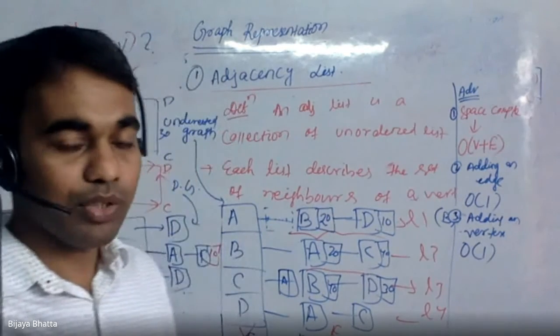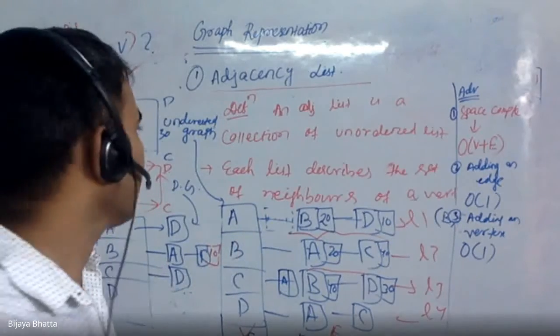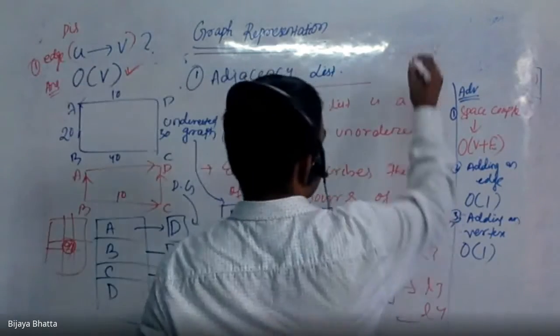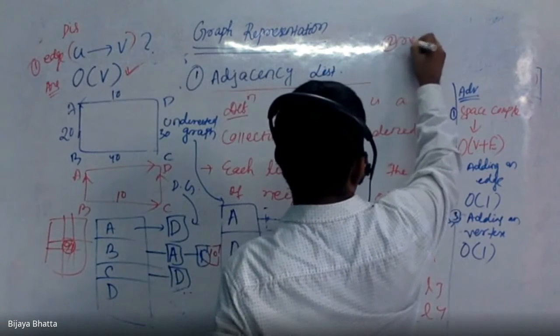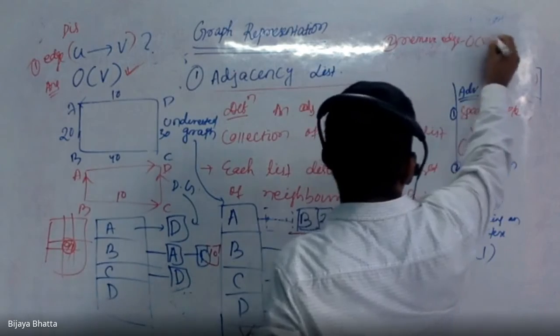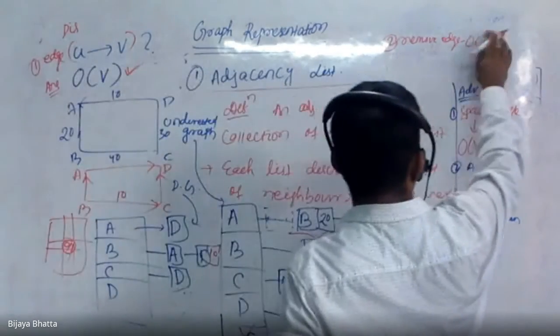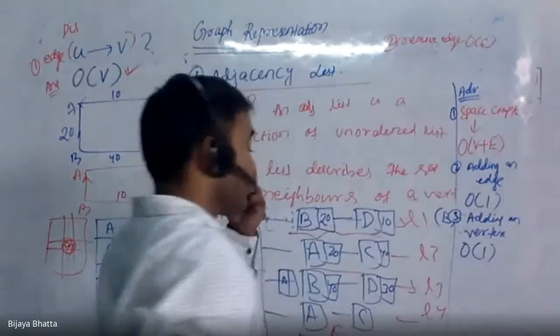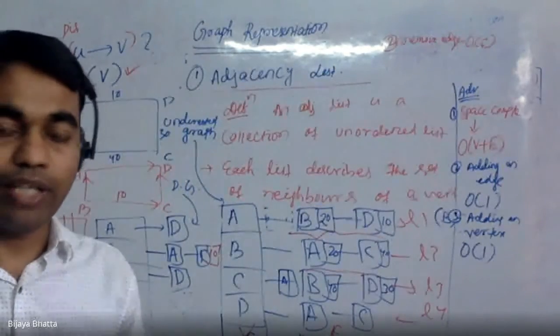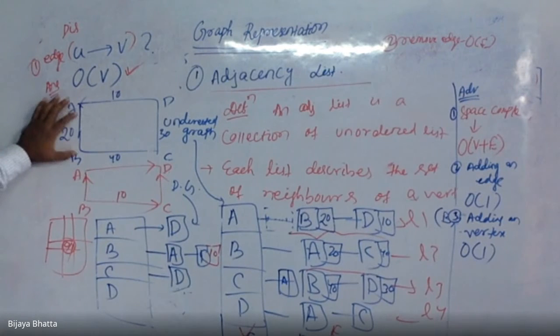If I want to remove an edge, that is again going to take order of E. Suppose I remove this AB. What do I need to do?